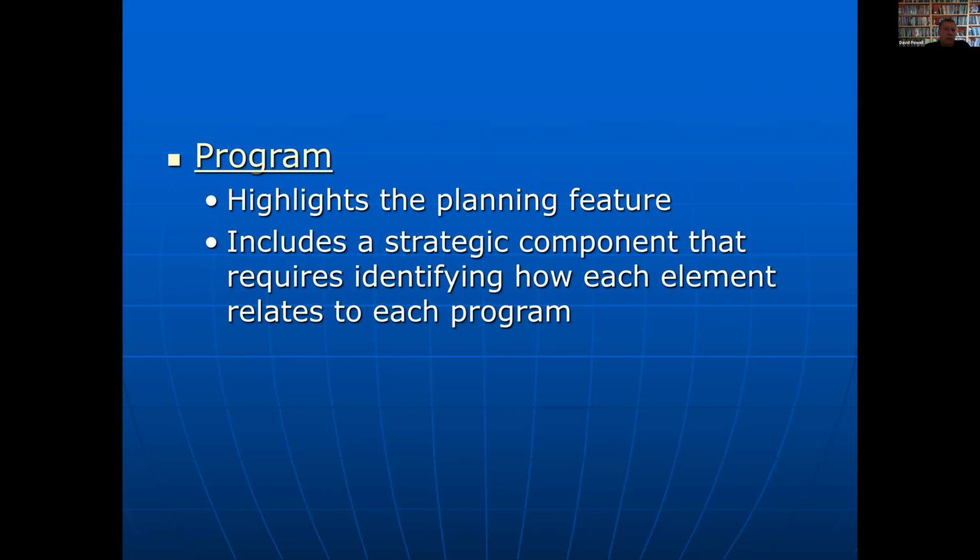So in a program-based budget, instead of having your budget organized around the police department or the fire department, it will be organized around a program such as protection of persons and property. So here are all the activities that we are funding that will help us achieve our goals in the protection of persons and property within our city. Some of those activities may be done by a police department. Some of those activities may be done by the fire department.